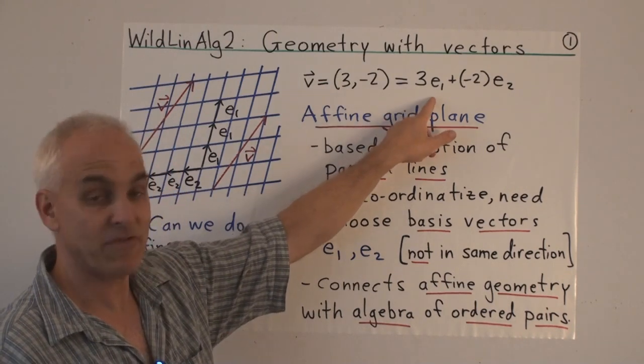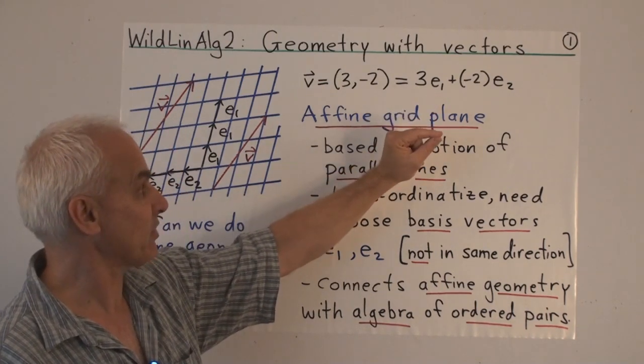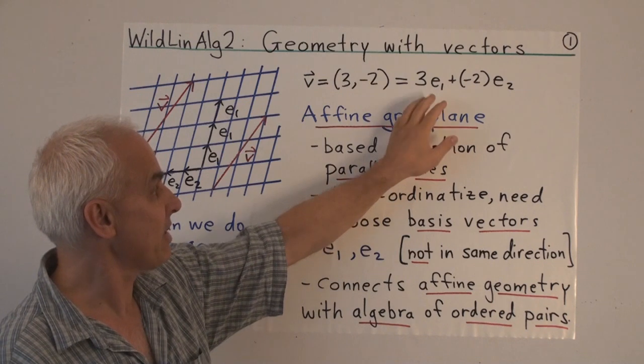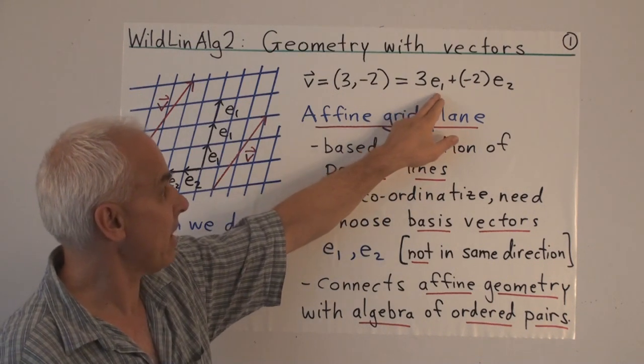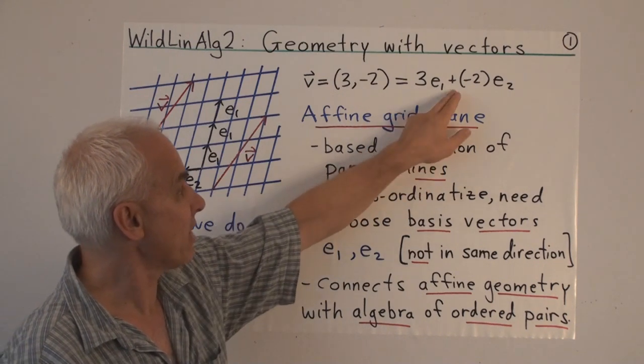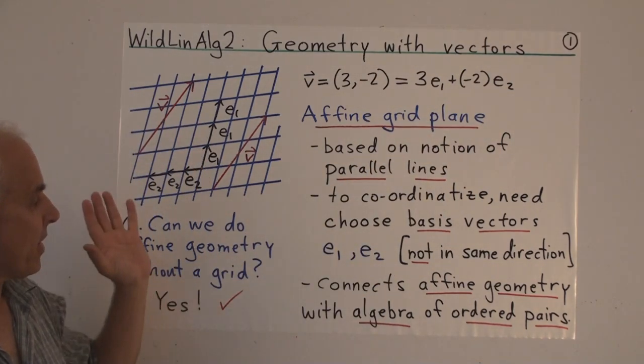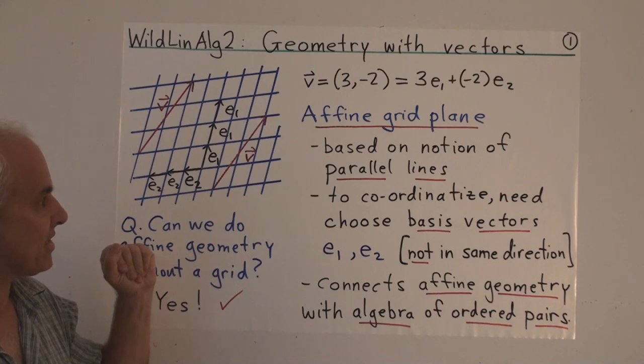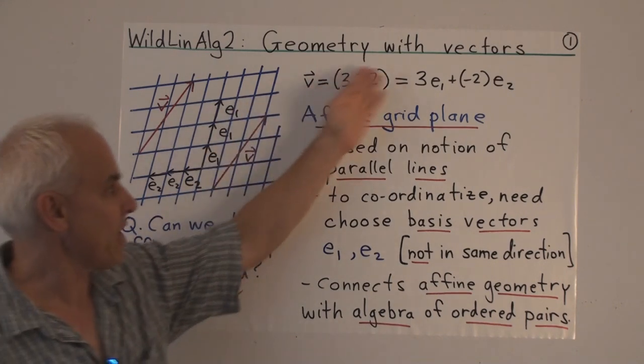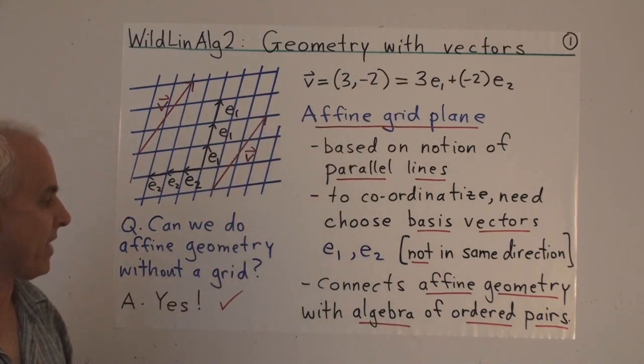And in terms of the addition of vectors and multiplication of vectors by numbers that I talked about, this could also be written as 3 times the basis vector E1 plus minus 2 times the vector E2. So this ties the geometry to the algebra, and that's good.